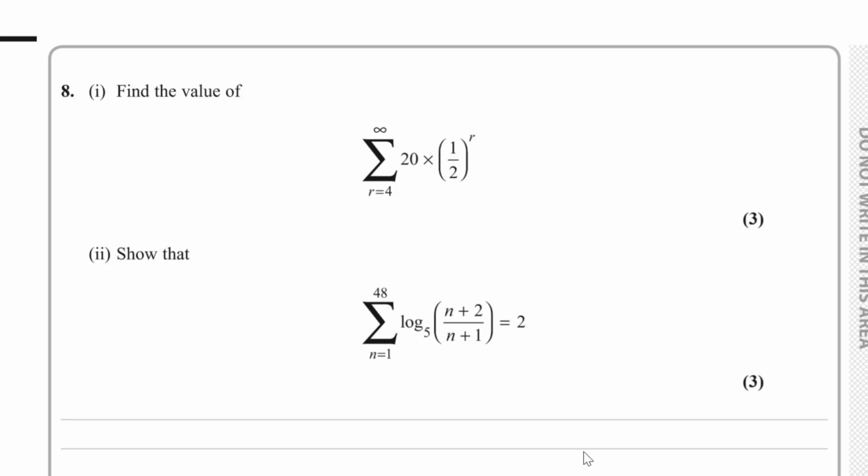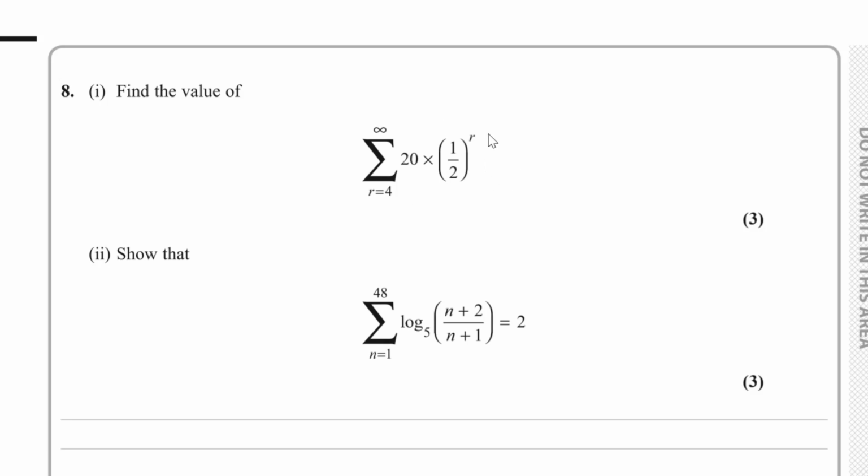Question number 8. We have to find the value of the sum from r equals 4 to r equals infinity of 20 times by 1/2 to the power of r. Now, hopefully over here, you can see that this sum is the sum from r equals 1 to r equals infinity minus the sum of the first 3 terms.